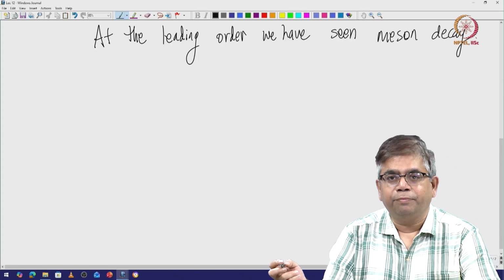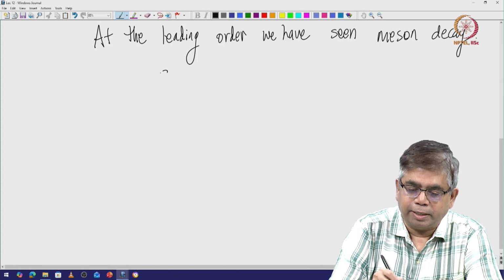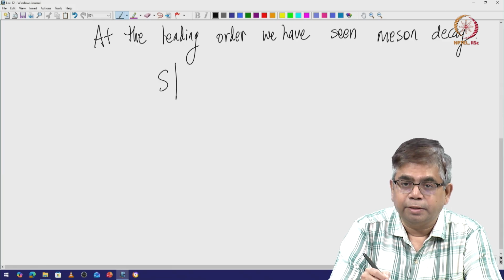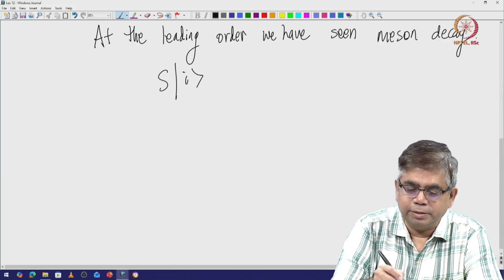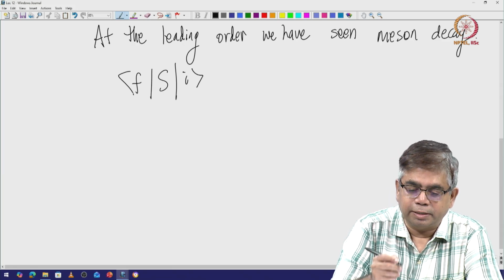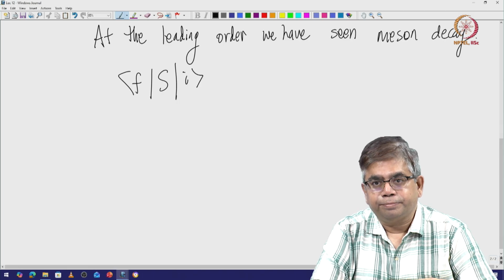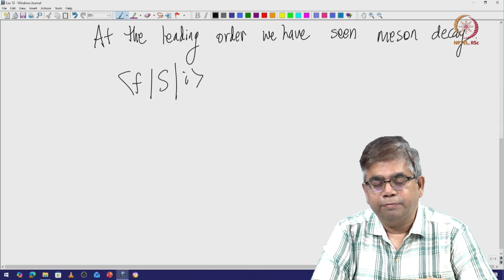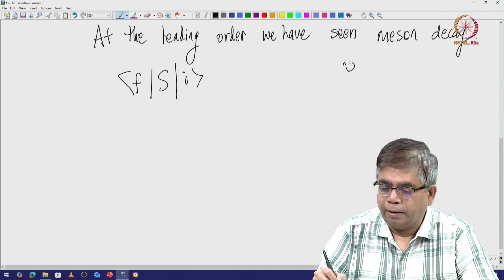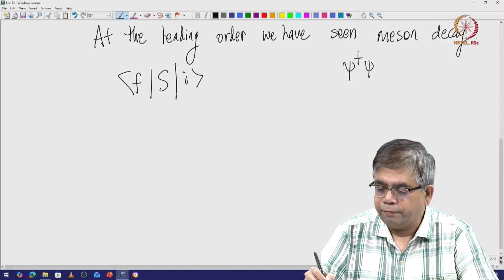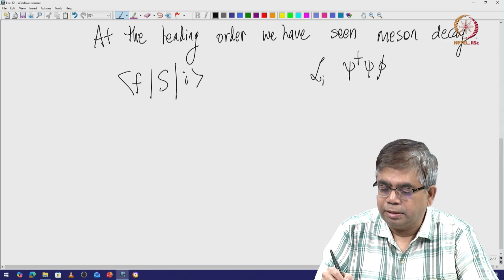So what we have done is we have taken an S matrix in which the in states are just mesons, and the final states are just, say, nucleons. Essentially we just used psi dagger psi phi as the L interaction.